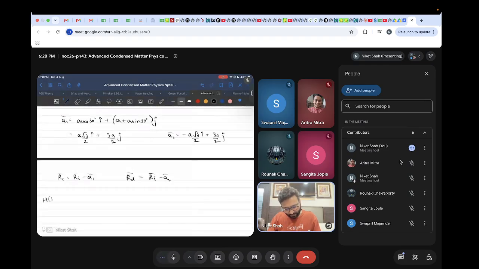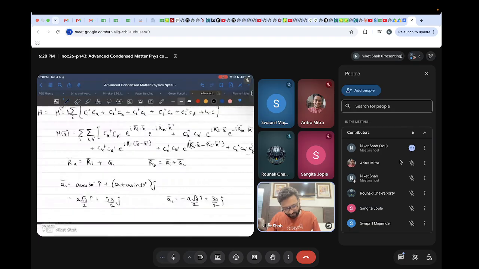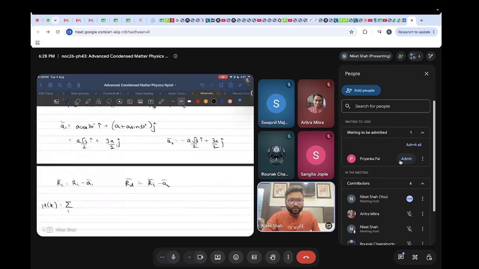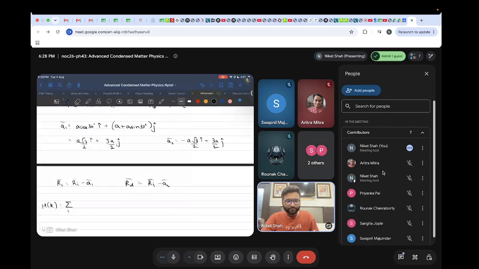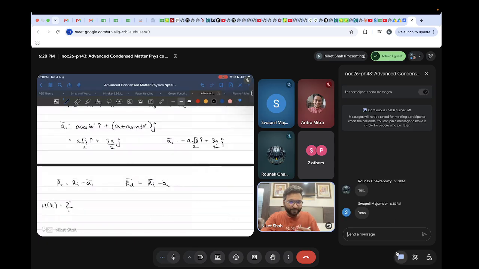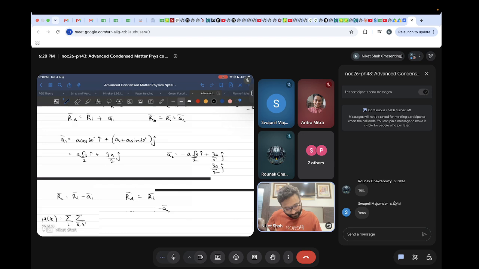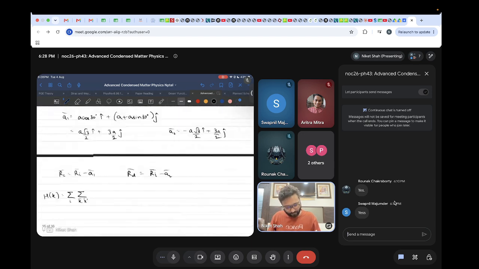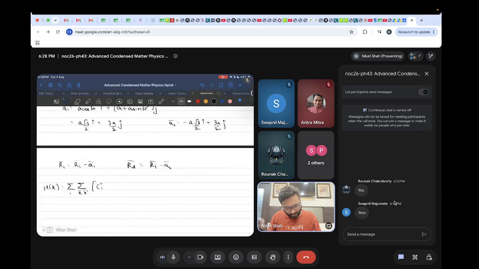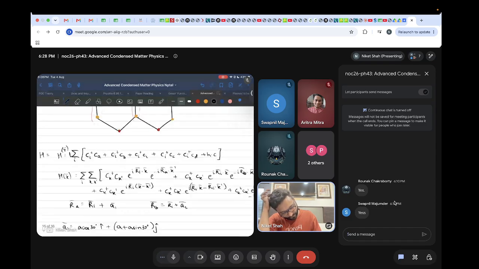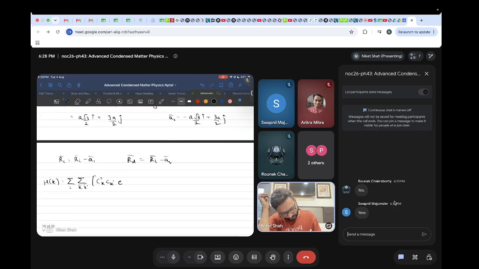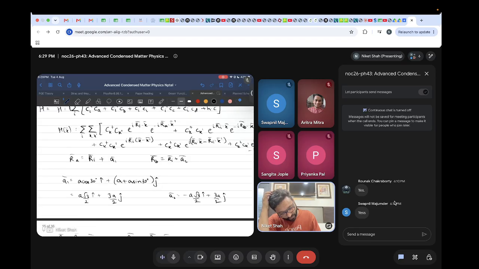Now h of k is equal to sum over I, sum over k comma k prime, c dagger k c k prime e raised to the power of, I need to remember writing down t, e raised to the power of what?